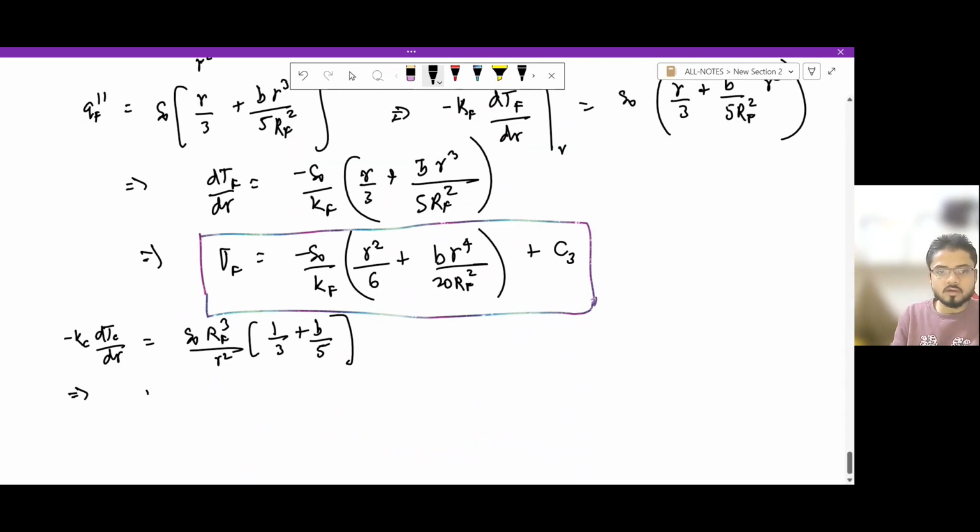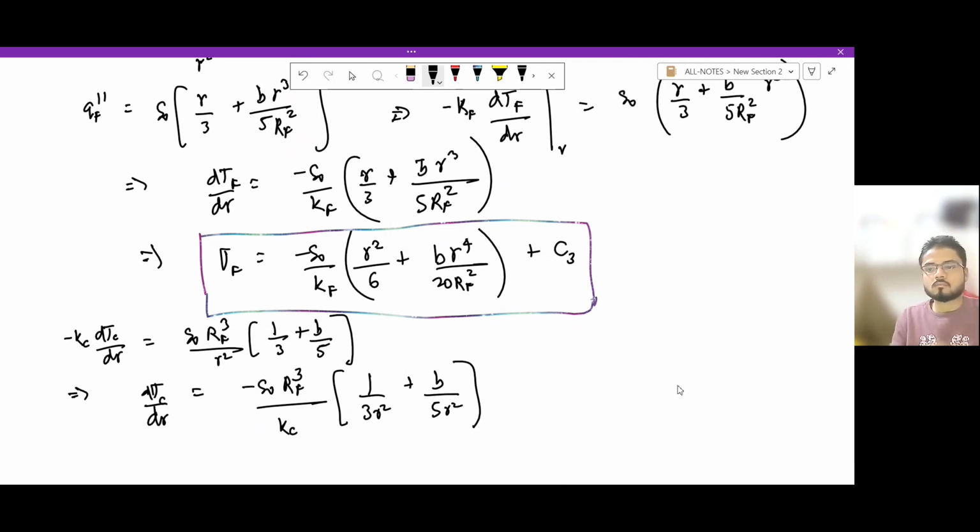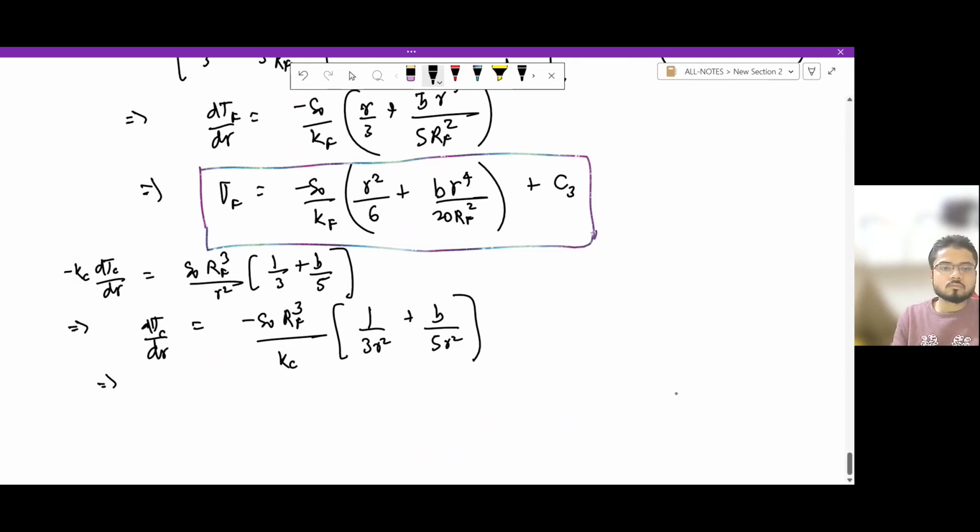So again, we got to integrate it with respect to R in the next moment. So you write it in the consolidated form. You write it something like TC would be equal to S naught RF cubed over KC, that is the thermal conductivity of the cladding, the aluminum cladding.